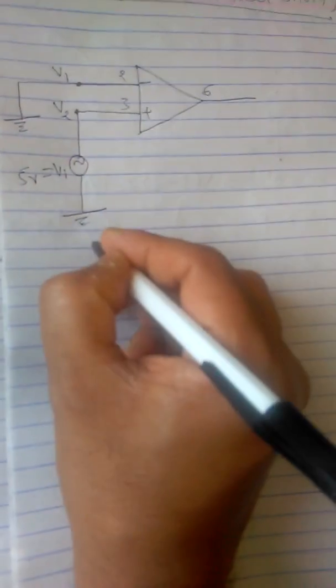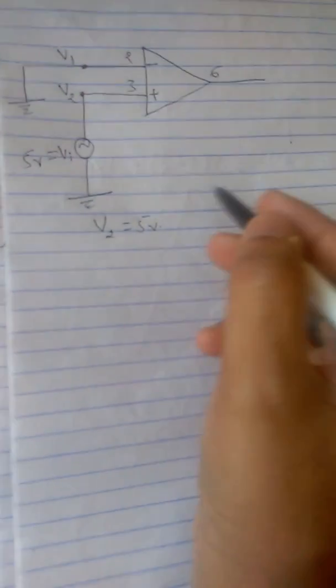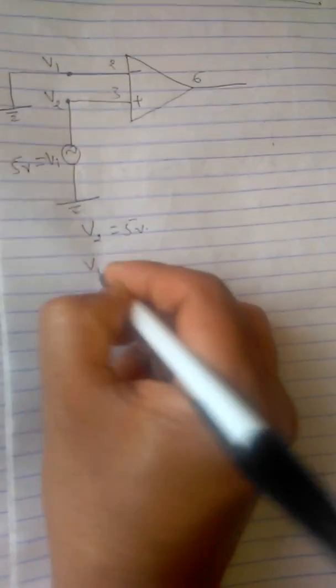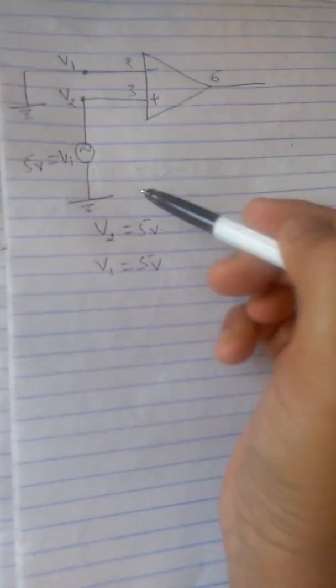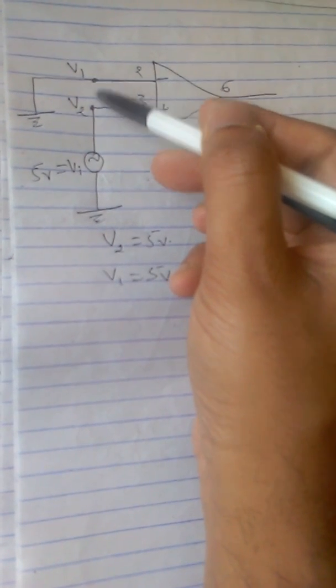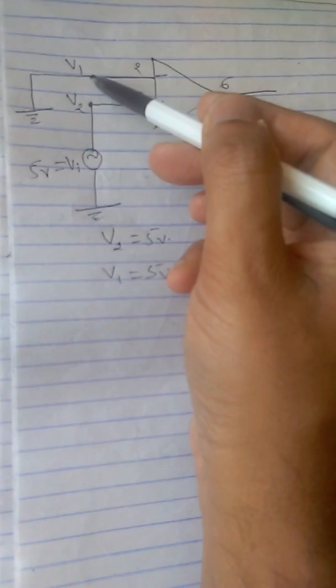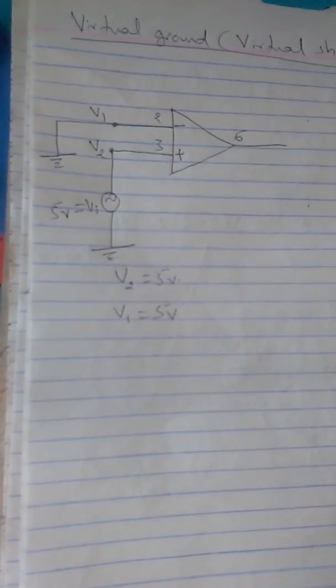So Vi equal to 5 volts means at V2 I can expect the same 5 volts. So virtual ground means at V1 also I can expect the same 5 volts. This is the virtual ground concept or virtual short. Basically these two are not connected, even though we are considering the same voltage at the other terminal. So V1 equal to 5 volts.